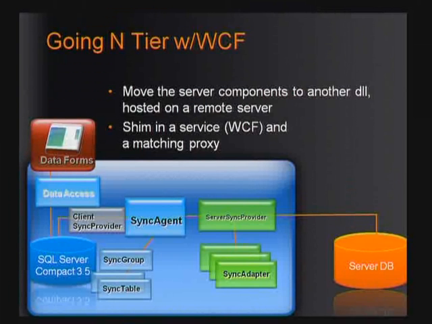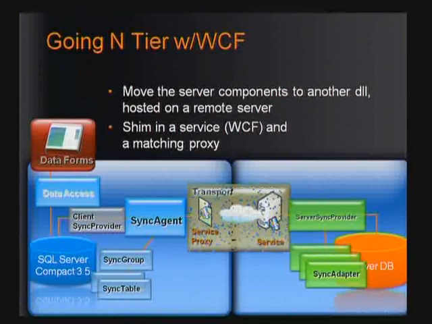Now, what I showed here was this architecture, and that big blue box is the client. So all the stuff is running on the client. What we want to do is we want to move the green stuff over to the server, right? Running on your web server, running on another server, and you're just communicating over sockets. With WCF, it's a great opportunity to say, we don't care. There's lots of people in Microsoft figuring out transport and security.